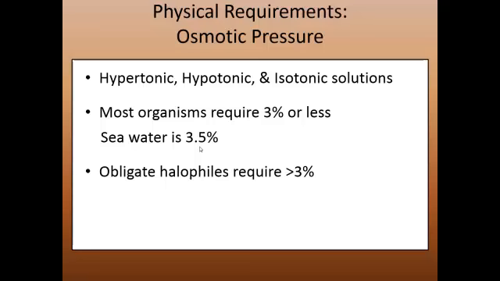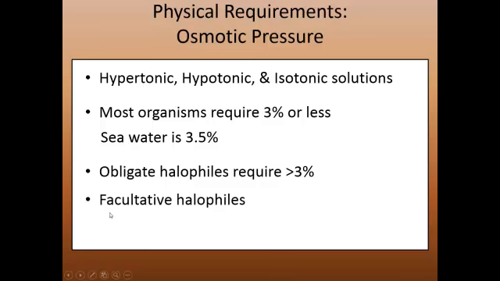So marine microbes and microbes that we pull out of extra salty environments, such as the Great Salt Lake and our neighbor to the south, or from the Dead Sea, or from salt evaporation pools, we would call these obligate halophiles if they are unable to grow in a solution that has less than 3% salt. Now, halo means salt. If they were obligate osmophiles, then they would require 3% or more of either salt or some other molecule that is providing osmotic pressure.